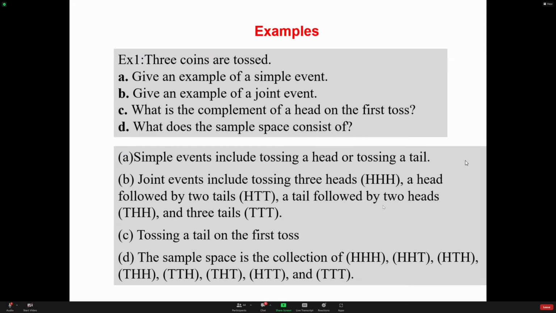So can you answer the first question: 3 coins are tossed. Give an example of a simple event. The simple event, you can define as the probability of getting a head or getting a tail. So that will be the simple probability.